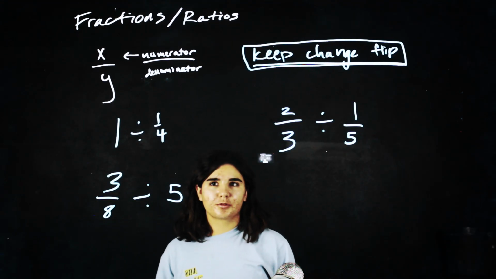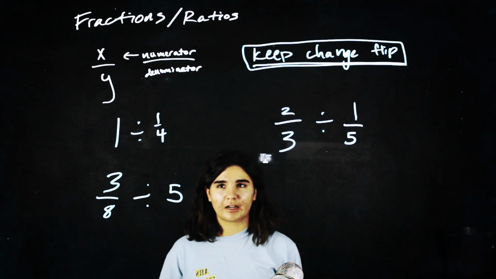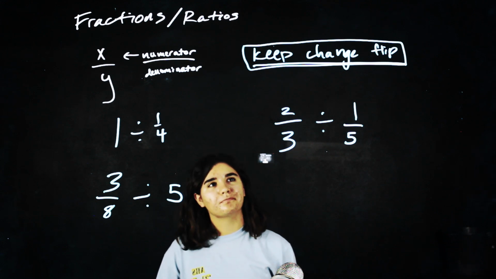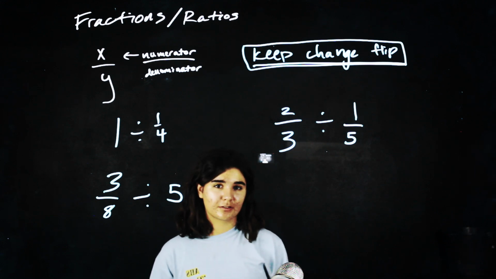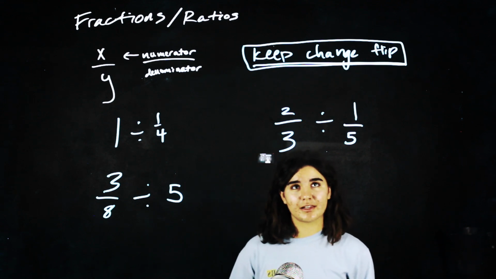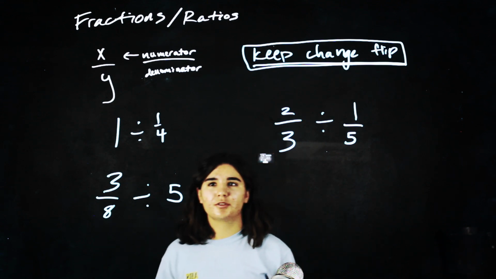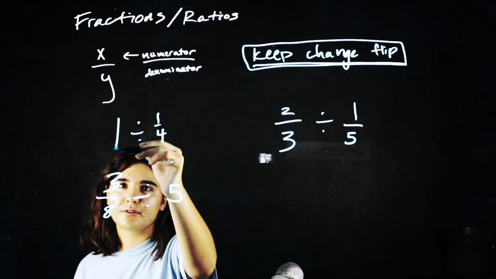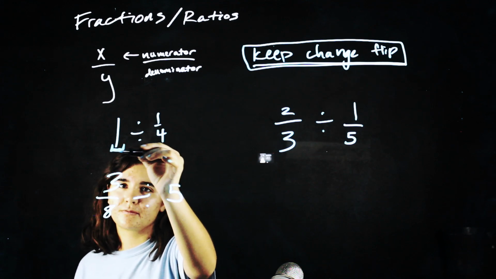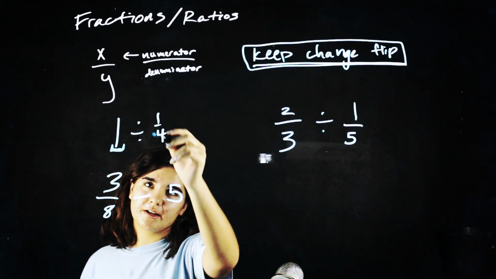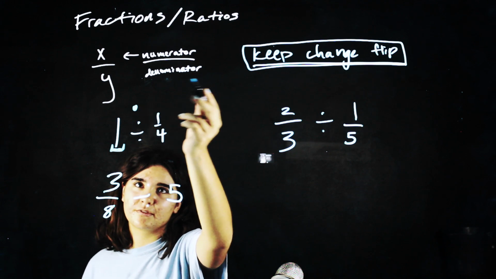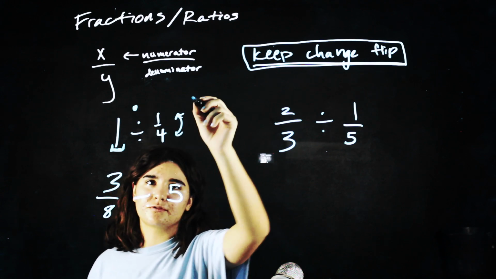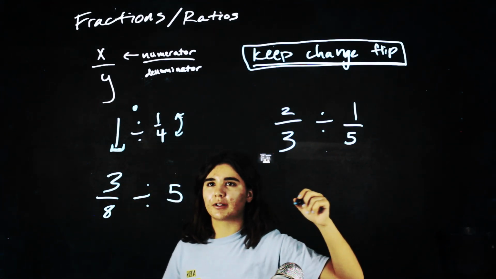Alright, so we're just going to go over some dividing fractions. The main thing to remember with dividing fractions is the saying keep, change, flip. You're always going to want to keep the first number how it is, change the division sign to a multiplication sign, and then flip the fraction that you're dividing it by.